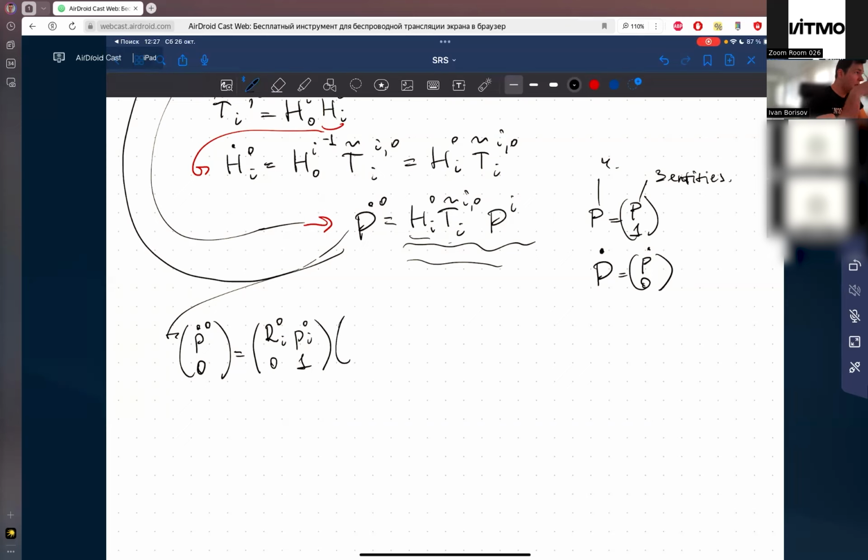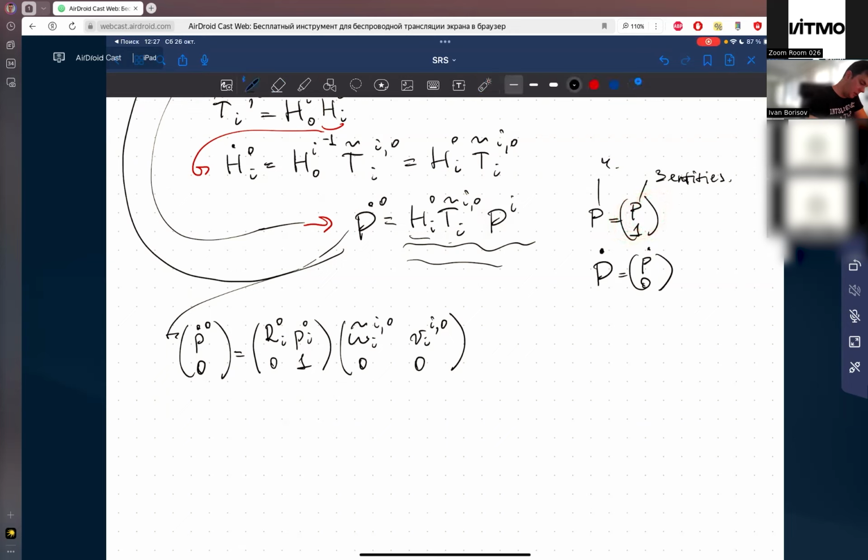We know that the twist is a matrix that has the angular velocity in skew-symmetric matrix form and the linear velocity v. Then comes the vector p_i with a 1, the same stuff.